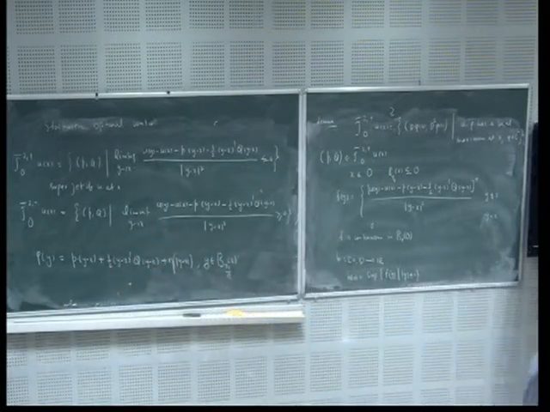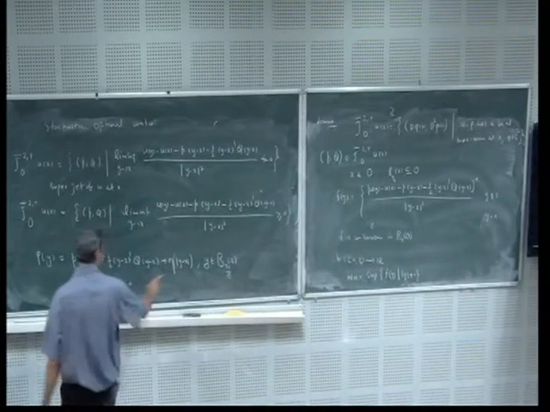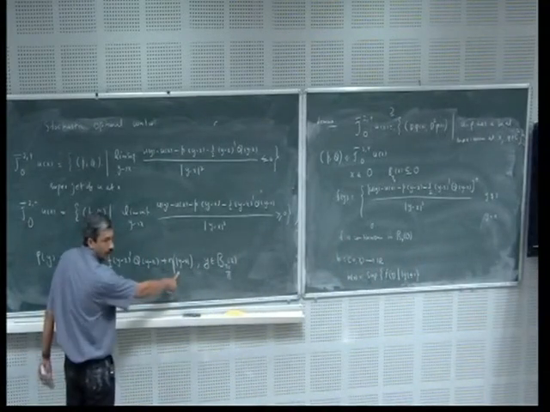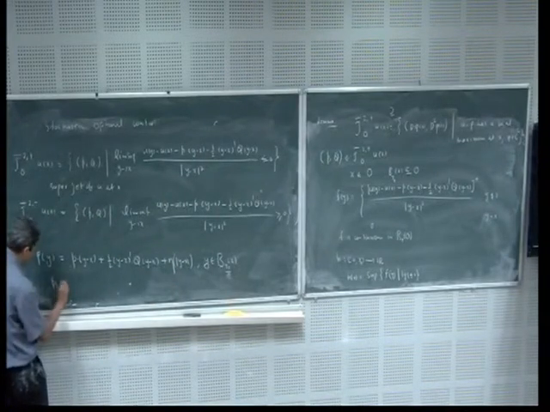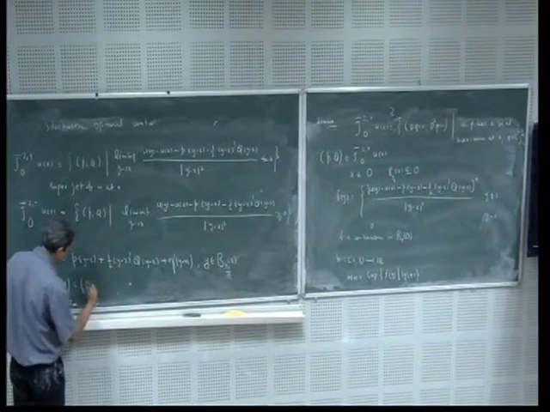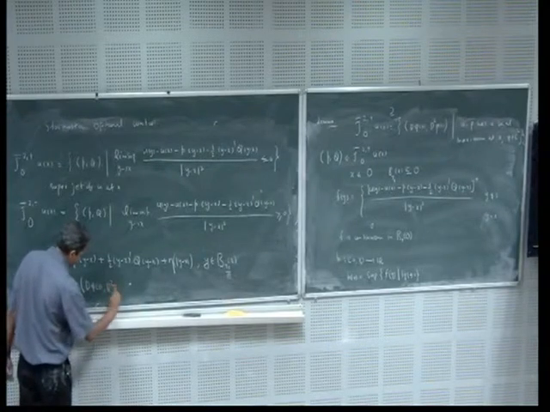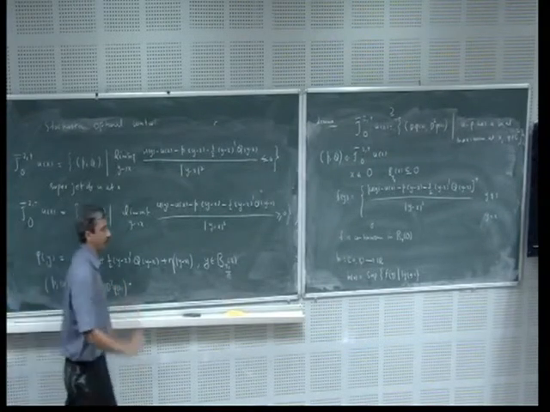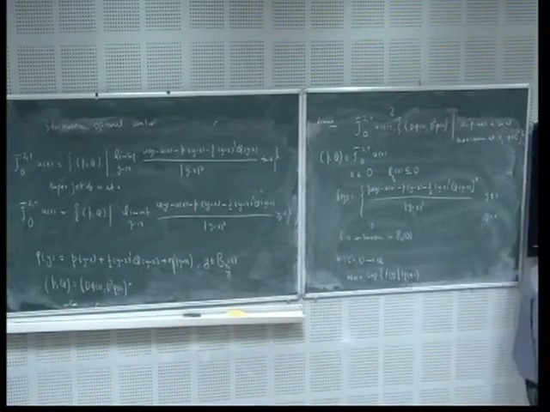So this is clearly C2, and then one can easily see that because derivatives are 0 here. And then see, we are not losing anything by this bond.